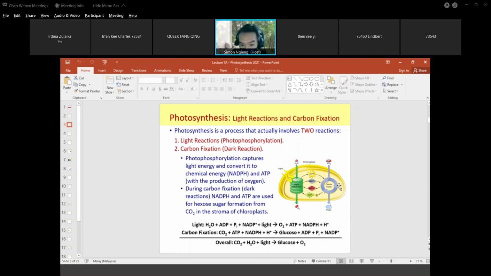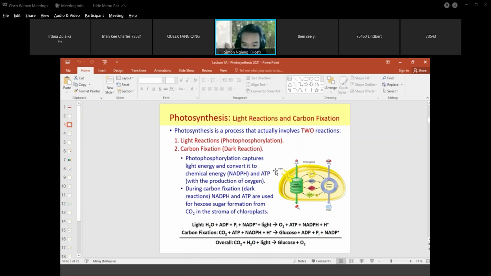If this part cannot take place, you don't have this. Even for this part to start, you have a protein by the name Rubisco that plays an important role. We are going to look at Rubisco in a moment as well.